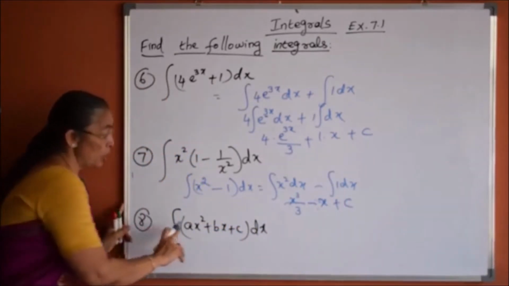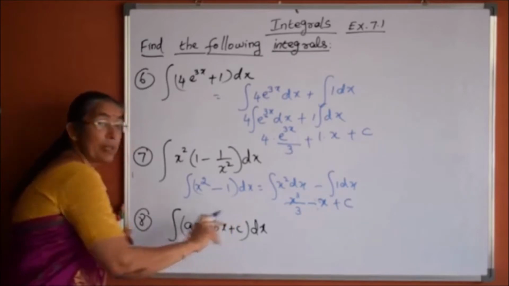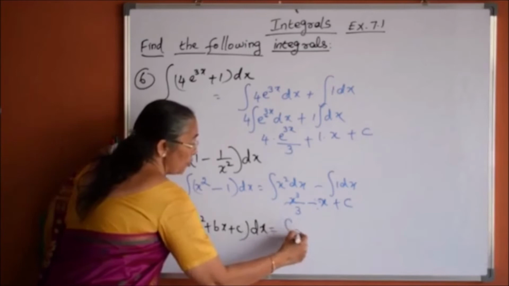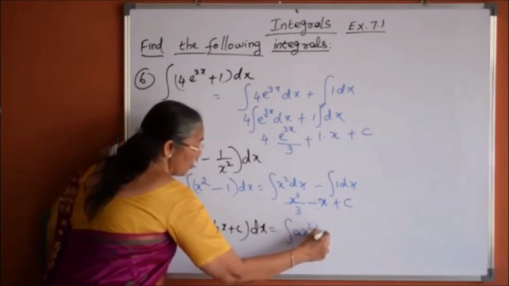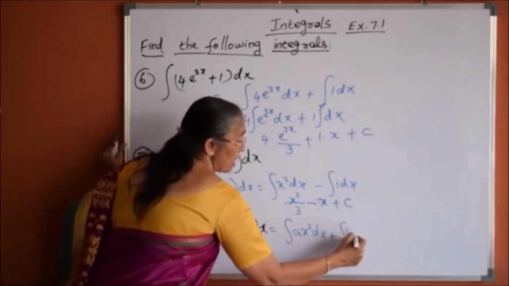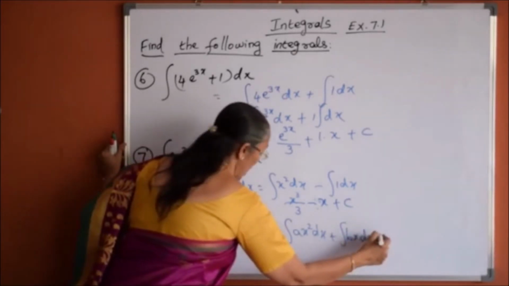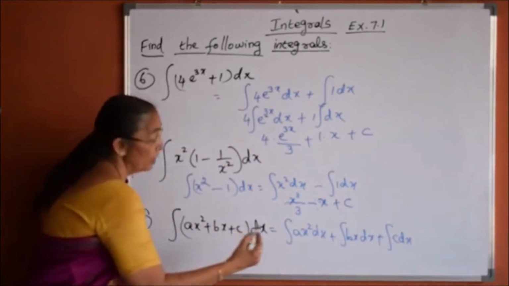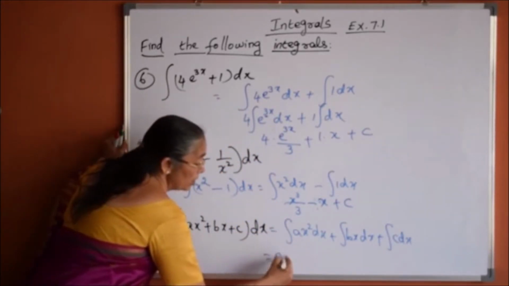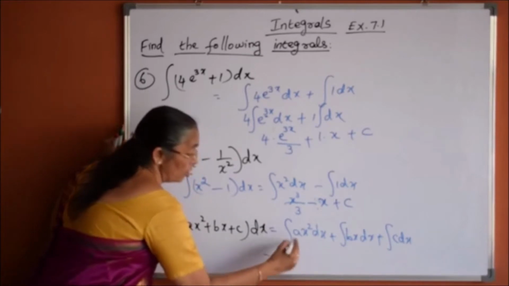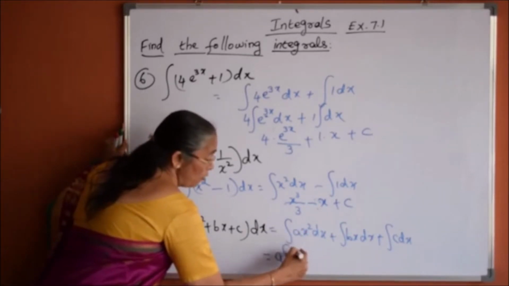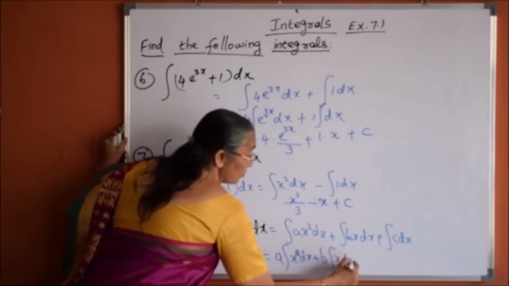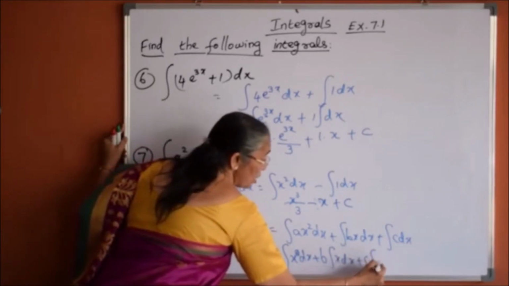Now last problem, integration of ax square plus bx plus c dx. So let me split the terms first. Integration of ax square dx plus integration of bx dx plus integration of c dx. Now let me take the constant terms outside: a, that is the coefficient, of x square dx plus b of x dx plus c of integration of dx.